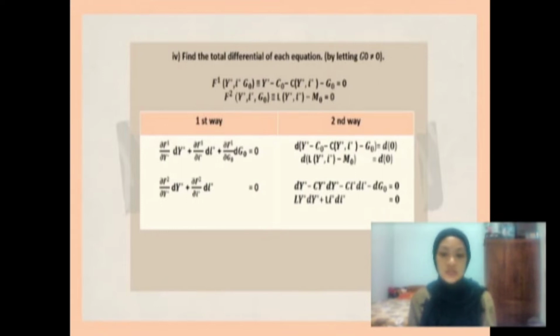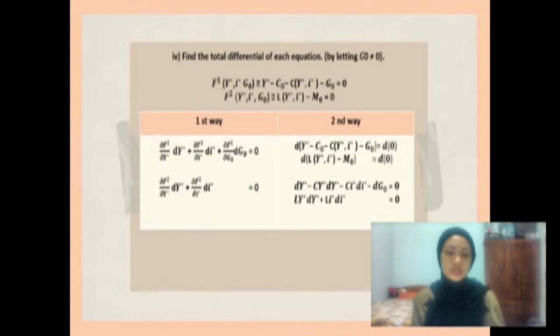For the next equation, we get delta F2 over delta Y star dY star plus delta F2 over delta I star dI star equal to 0. Since M null is equal to 0, we don't include the M null in the equation.